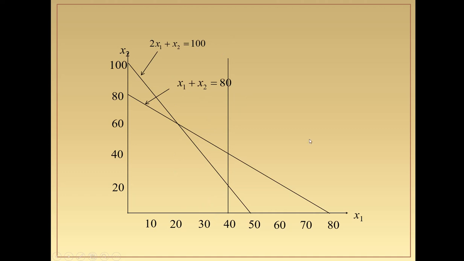One more thing I want to stress here is the sign restriction. Why do we stop shading the area at the x1 and x2 axes only? This is because of the sign restriction. We need to set all the variables as non-negative. x1 and x2 are non-negative. Why?